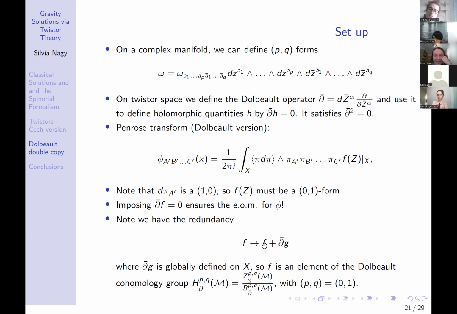If I add a partial bar g to this f in this integral, one can show that if partial bar g is globally defined, and this is something important that we'll see in the next slide, what I mean by globally defined, then the partial bar g will vanish under integration, so it will not contribute to the space-time result. Good, so what we say then is that f is an element of the Dolbeault cohomology group, which is a quotient of closed forms by exact forms, and it's a (0,1) form. So let me know if any of this doesn't make sense. That's just a definition.